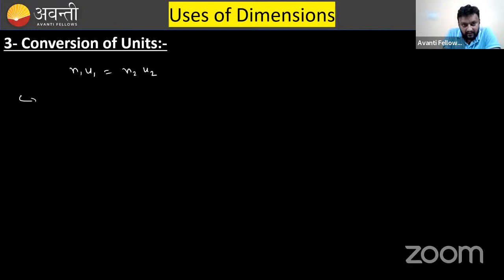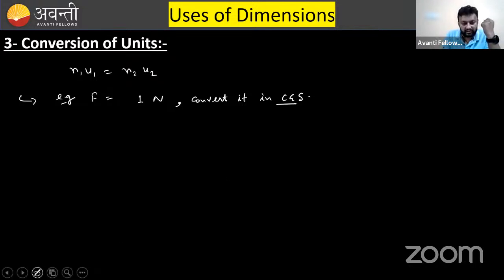For example, you have a force of 1 Newton and you want to convert it in CGS. Try to be responsive so that I can understand whether you are understanding things or not.